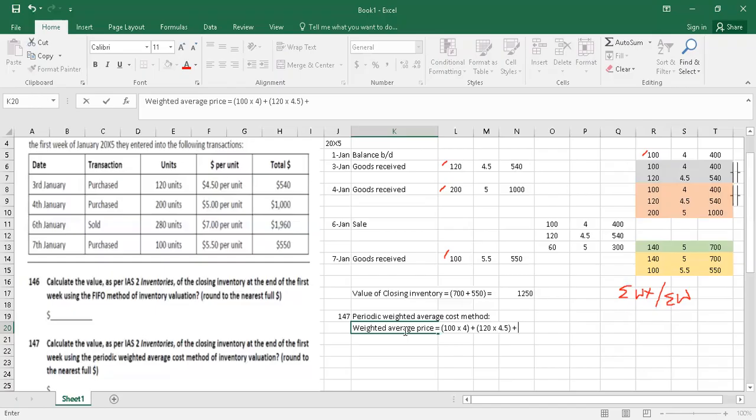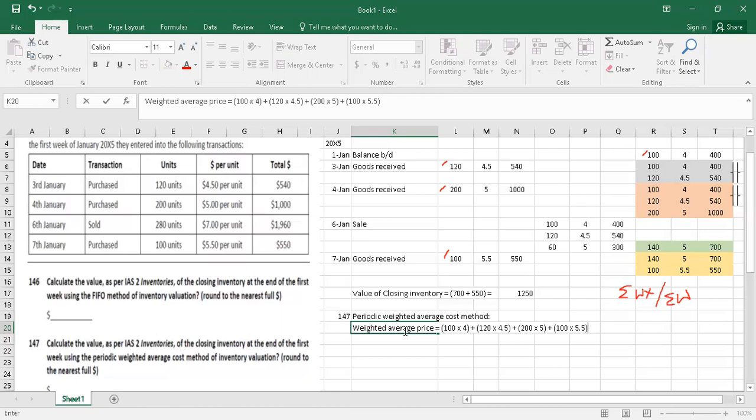The third lot is 200 into 5, plus the fourth lot is 100 into 5.5.